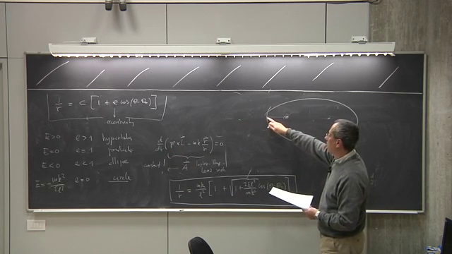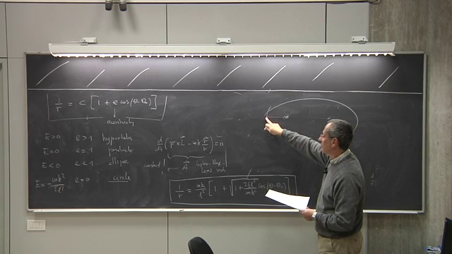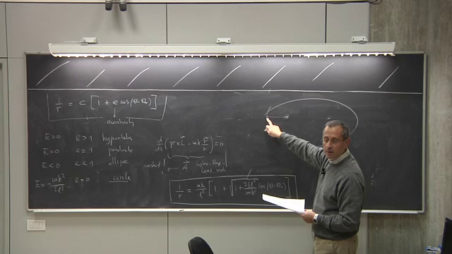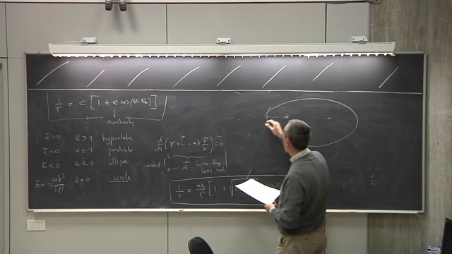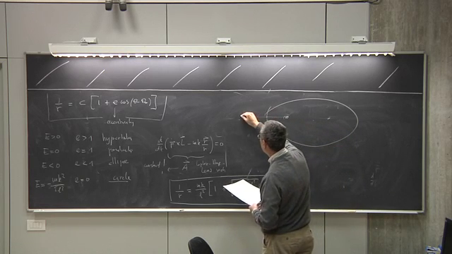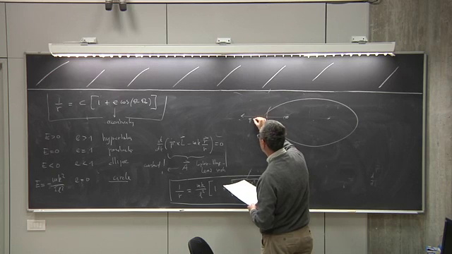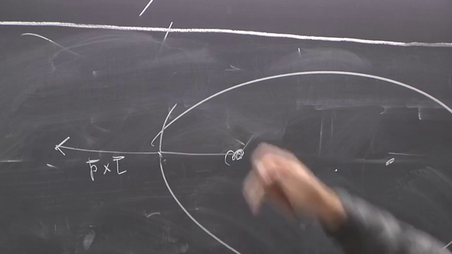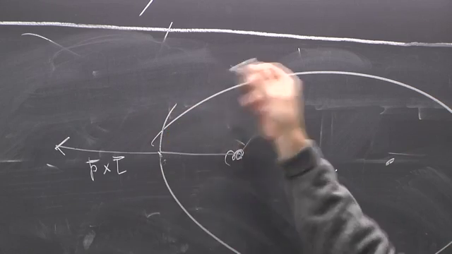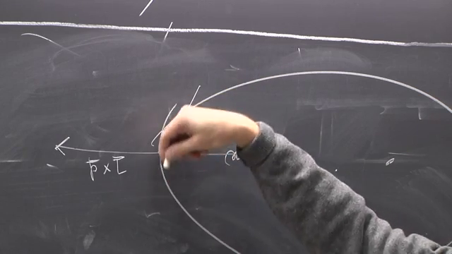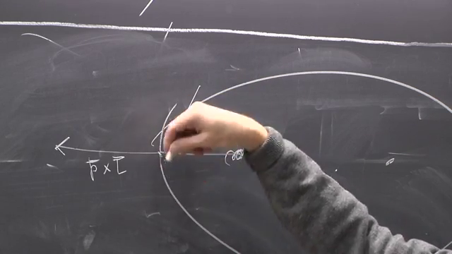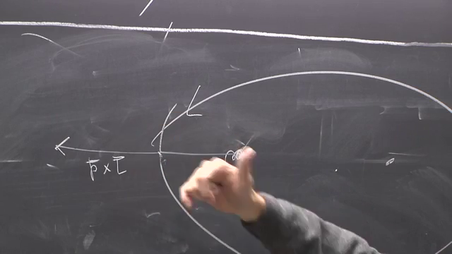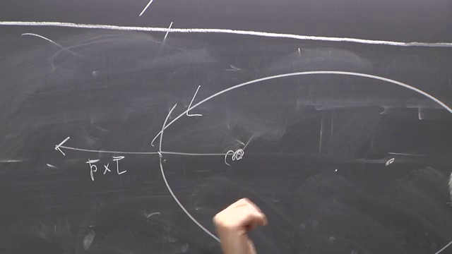So how is the vector here, for instance? Where is the direction of P cross L here? P cross L here is a vector pointing this way of some length, right? Because P is, let's say this guy goes, P is in the direction of the velocity. The angular momentum, we said, is pointing either this way or that way.